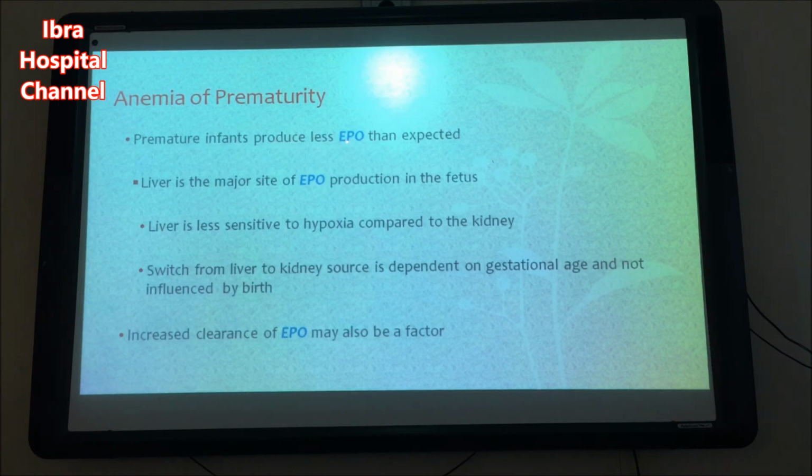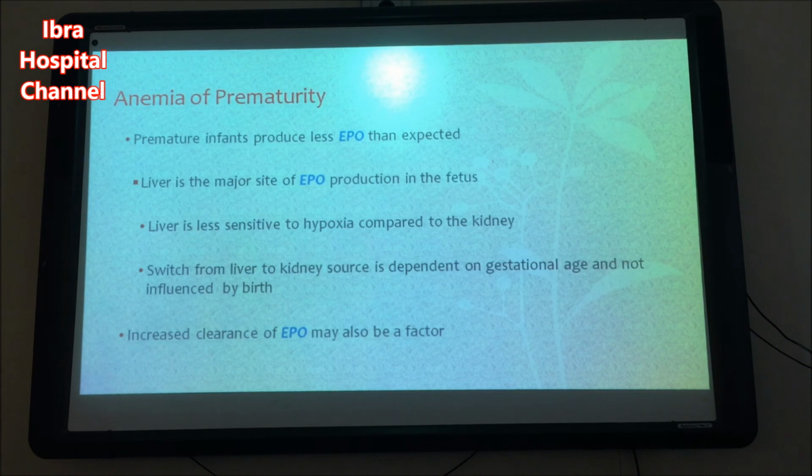Anemia of prematurity, again, because the EPO production is not yet developed. This baby's liver, kidney functions and organ functions are not well developed, and at this stage the liver is the major site of EPO production before it changes to the kidney. Switch from liver to kidney source is dependent on gestational age and not influenced by birth.